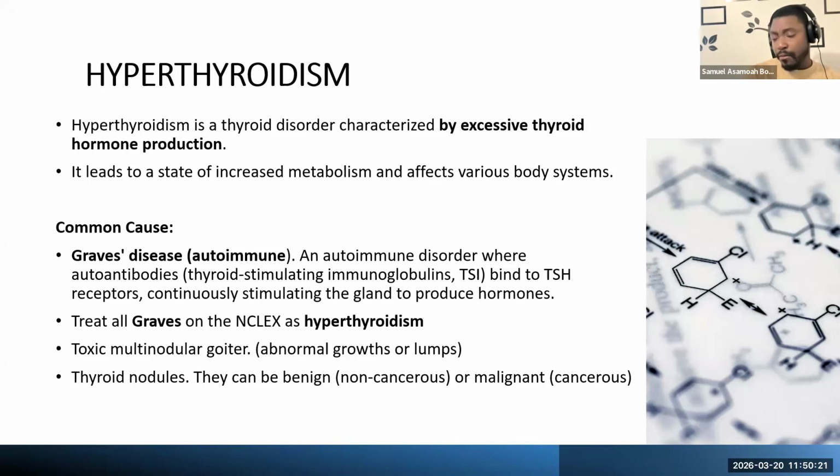I will not even talk about the signs and symptoms with you, but let me go to the course and we will brainstorm the signs and symptoms without using any book. Now, there is a particular type of hyperthyroidism, a state where your thyroid hormones will be high, that is not a fault of yours per se. It's just the immune system.